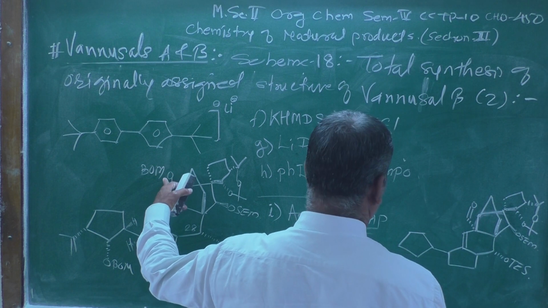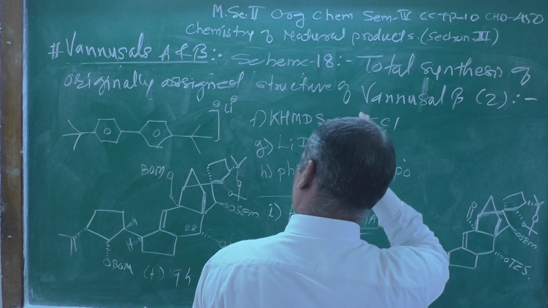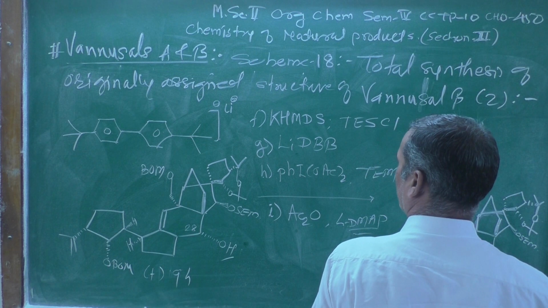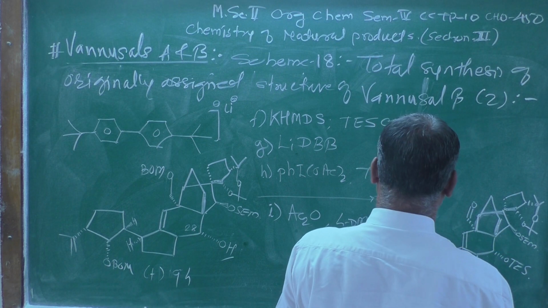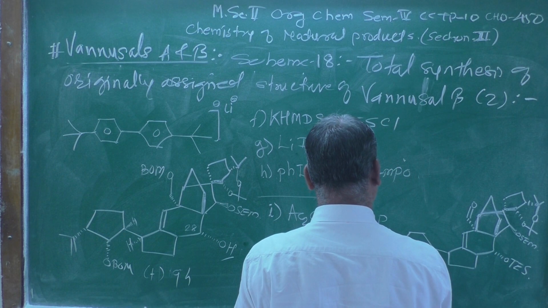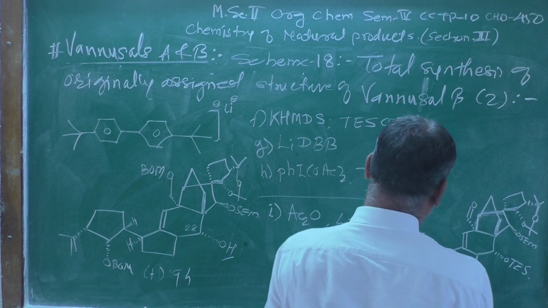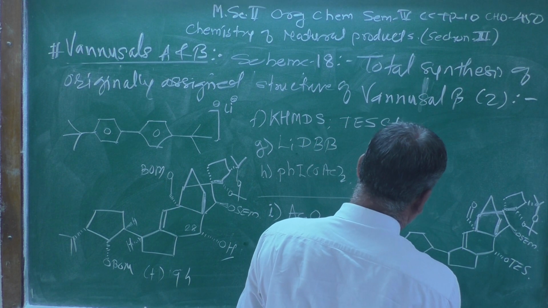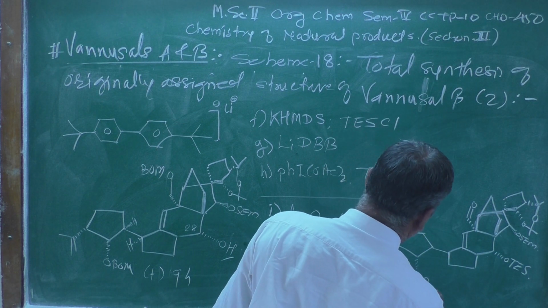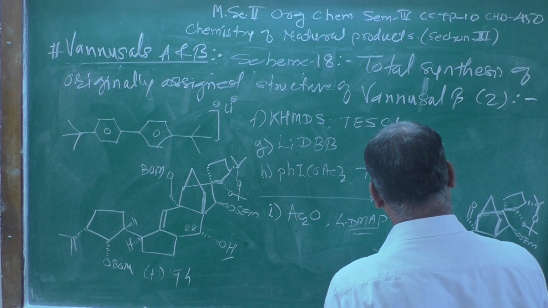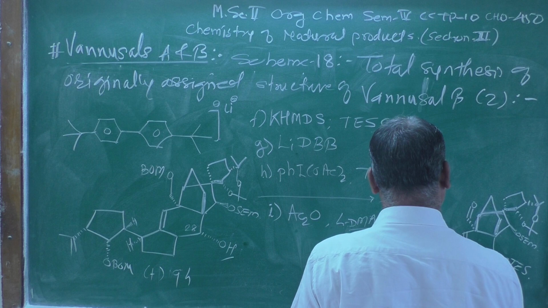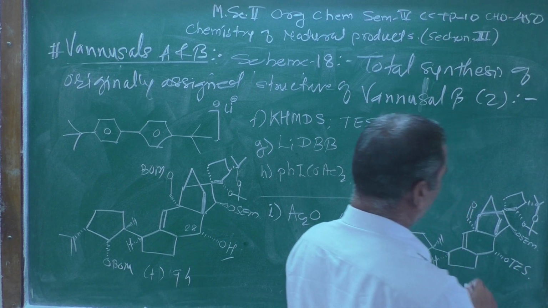Now deprotection, and again the primary alcohol is converted into an aldehyde with TEMPO as I mentioned just now. The ring A contains the isopropylidene group, followed by another protected secondary group, and now the hydrogen atom at this corner point is above the plane, and at this corner point the hydrogen atom should be below the plane.